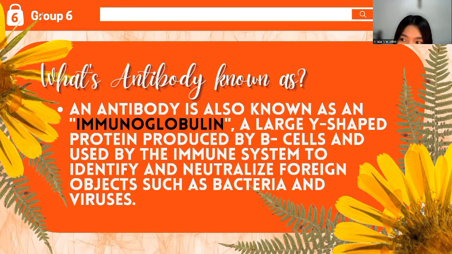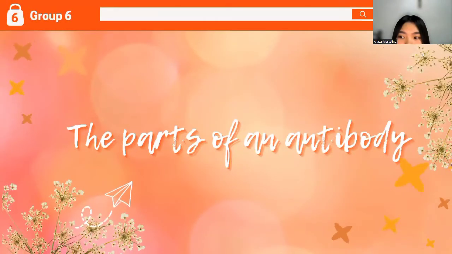Remember that an antibody, formerly called immunoglobulin, is a large Y-shaped glycoprotein produced by B cells and used by the immune system to identify and neutralize pathogens. Antibodies are produced by B cells and are either secreted into circulation or remain expressed on the surface of the B cell.